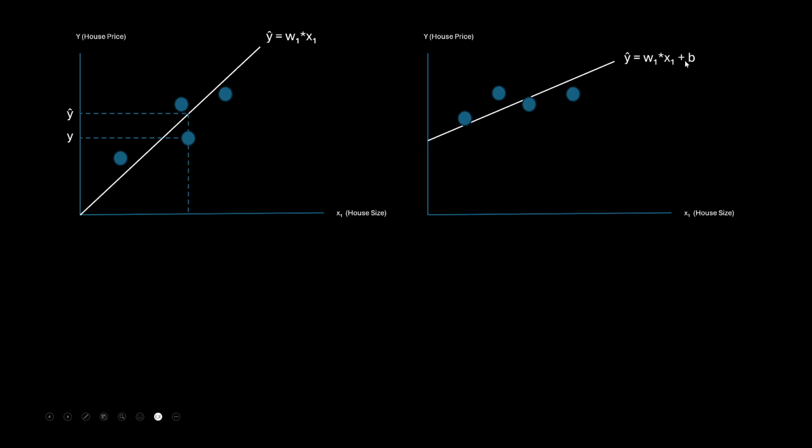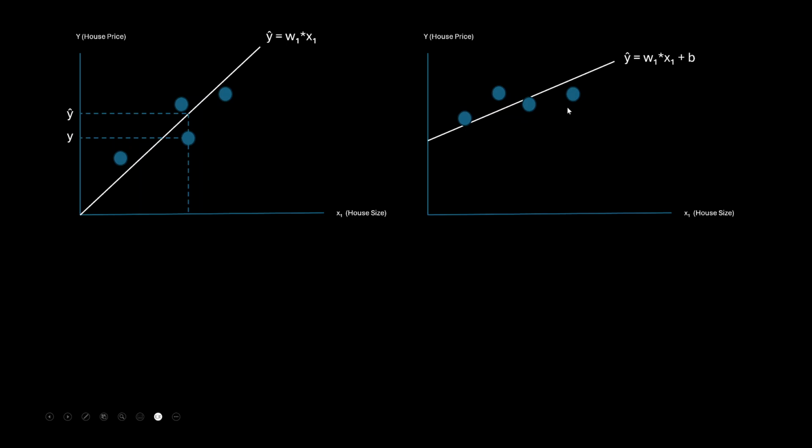So there is a bias. This is the intercept when x1 is 0, y hat equals b. And that's called the bias or the intercept.